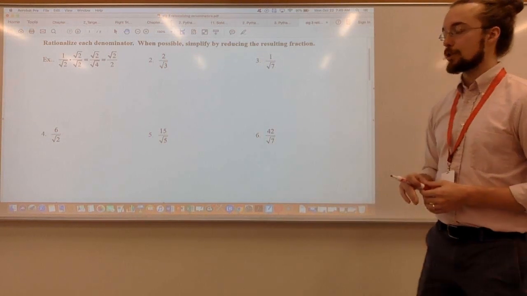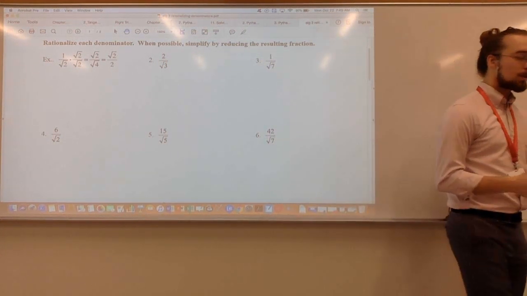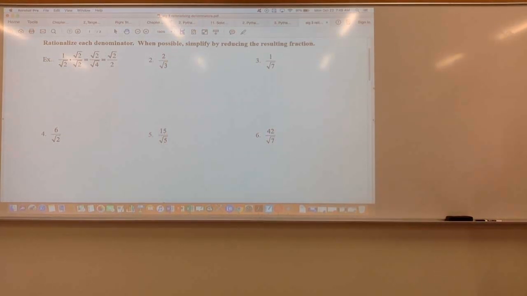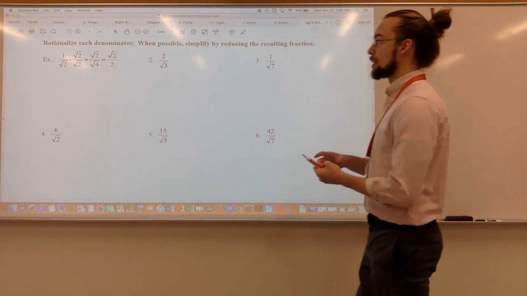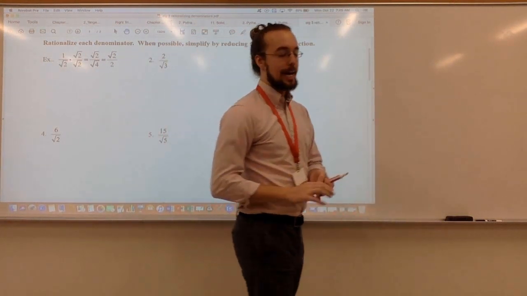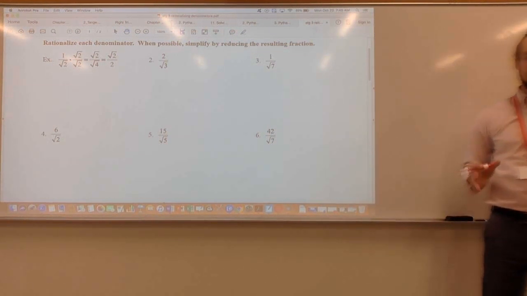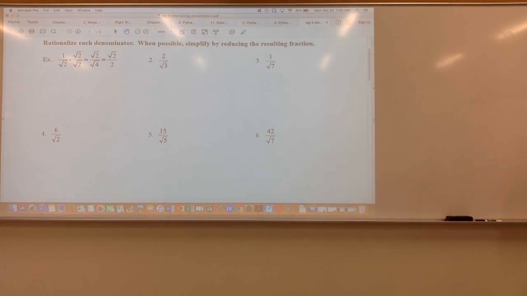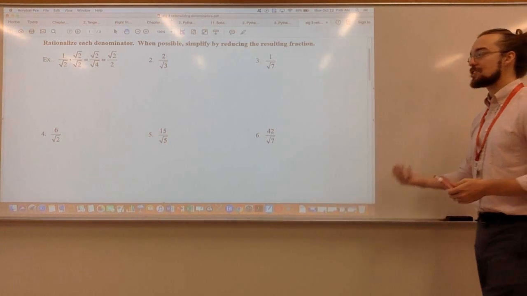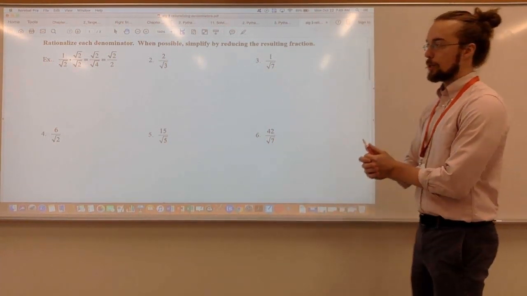We'll start talking about trig tomorrow. But today, we want to make sure that we can simplify radicals. So today we're going to look at, first, rationalizing denominators, and then second, simplifying radicals. Both of these things we need in order to make sure that we can present our answers correctly for the rest of the chapter.